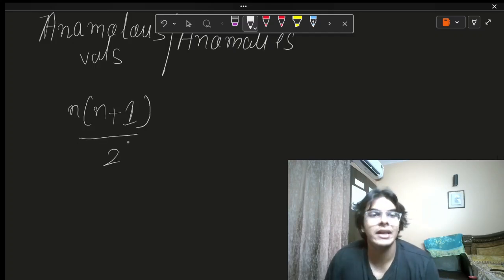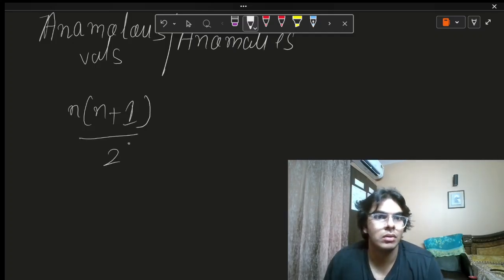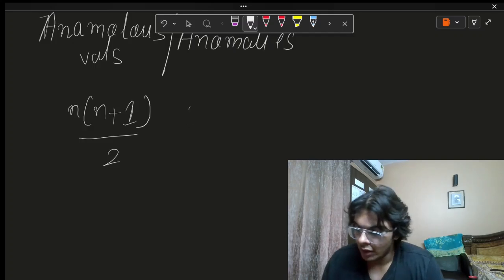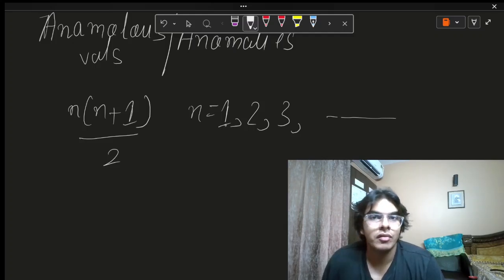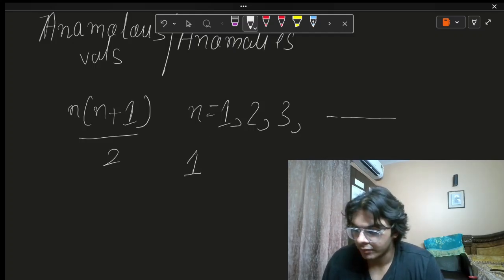This is basically the sum of first n numbers, a mathematical formula. I can run this formula for 1, for 2, 3, for as many numbers. So I'll be getting the sum of the first 1 number, which is 1, then the first 2 numbers, which is 3, then the first 3 numbers, which is 6, and so on.